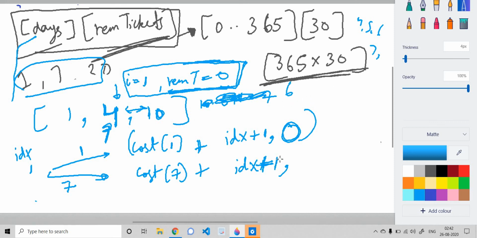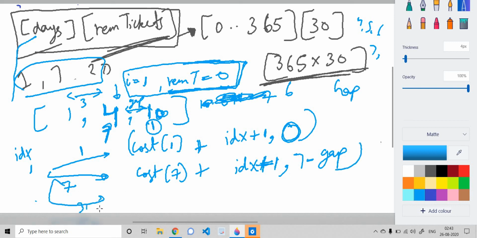If we have bought a 7 day pass, we will just do 7 minus that gap. I call this value, 10 minus 4, the gap. So I will just do 7 minus gap. In this case, 7 minus 6. So at day 10, I still have my remaining tickets as 1. Okay, this is the way I updated it.